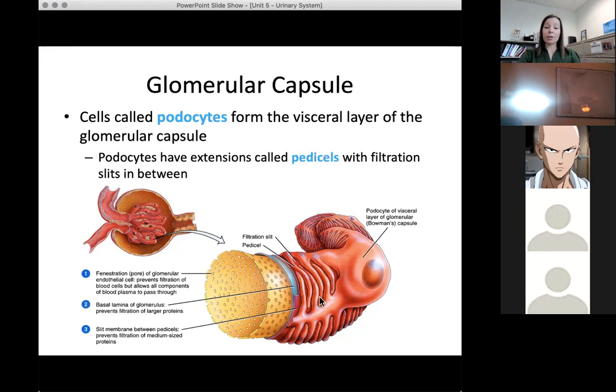Looking at this diagram, you can definitely see that. You can see these finger-like extensions wrapping around the capillary. In between those extensions are little tiny spaces. These are called filtration slits. These are the spaces between the pedicels. So those openings, those slits, also allow substances, once they've left the capillary, to get through into the capsule.